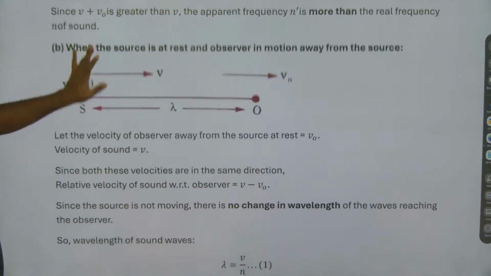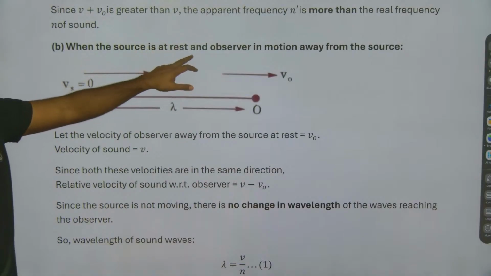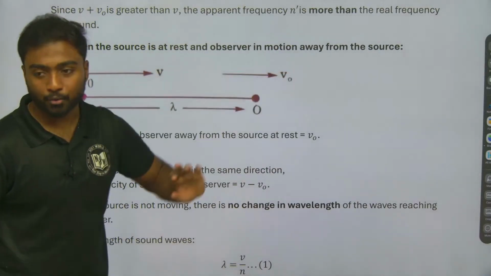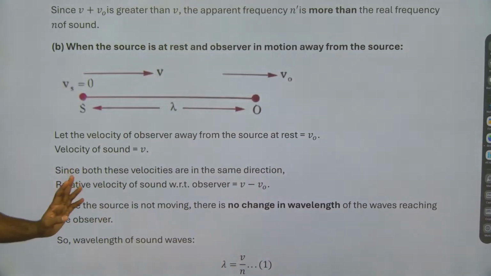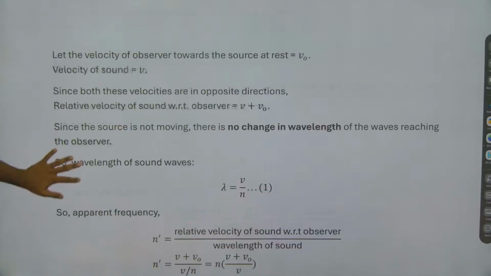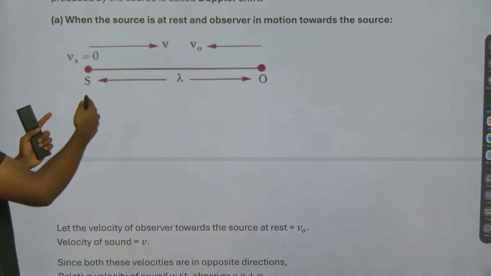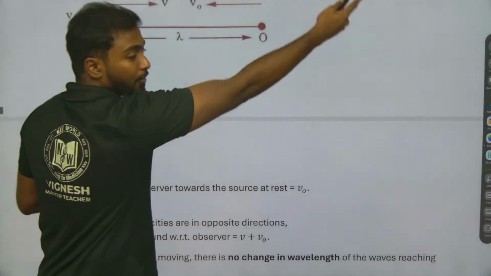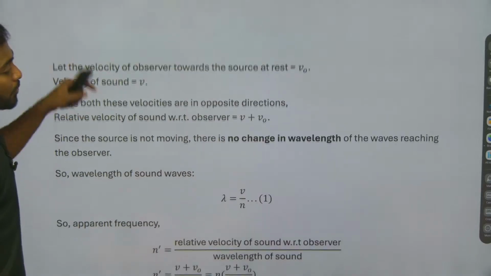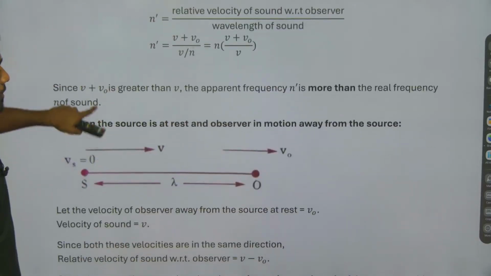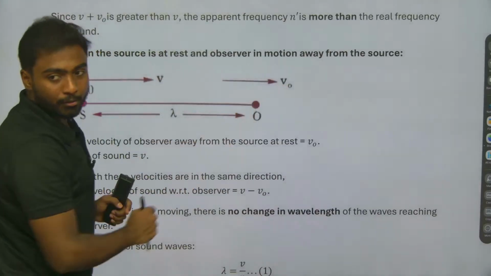Now, when the source is at rest and the observer is in motion away from the source. In the initial case we assumed the observer is coming towards the source. Now the observer is going away from the source, so both are in the same positive direction.